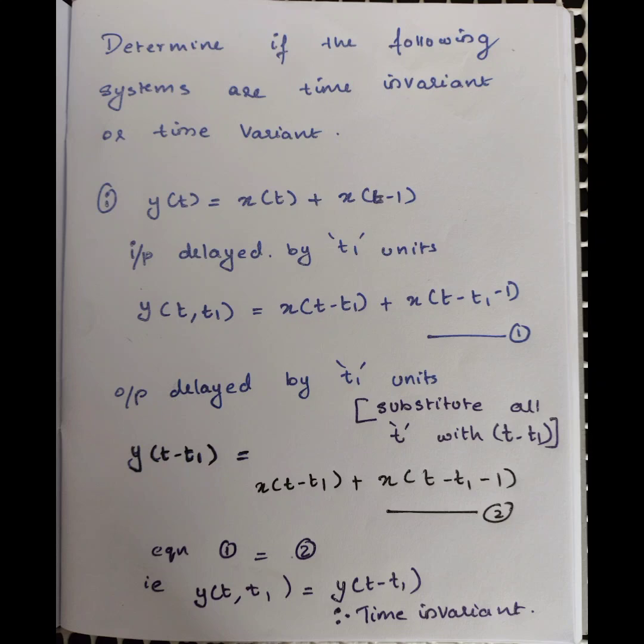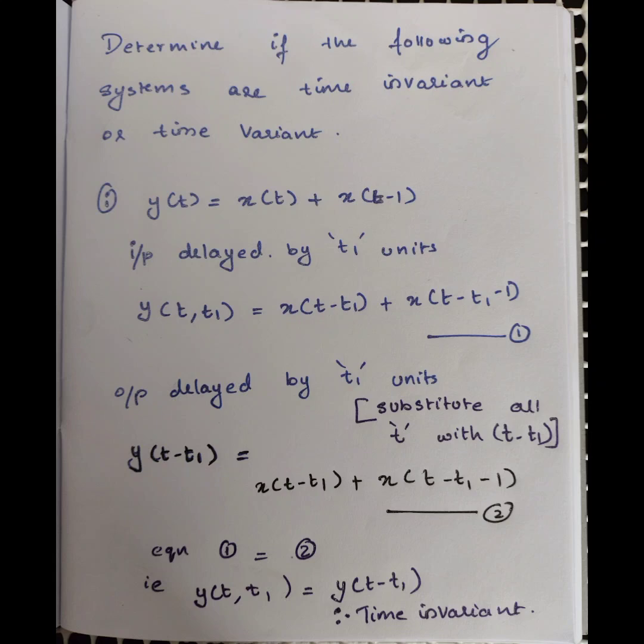So this is our first equation: y of t comma t1 is equal to x of t minus t1 plus x of t minus t1 minus 1. Now in the second part, we'll see what is the effect of delaying the output signal. For that, we'll simply substitute every t in the expression with t minus t1. So y of t minus t1 can be given as x of t minus t1 plus x of t minus t1 minus 1.